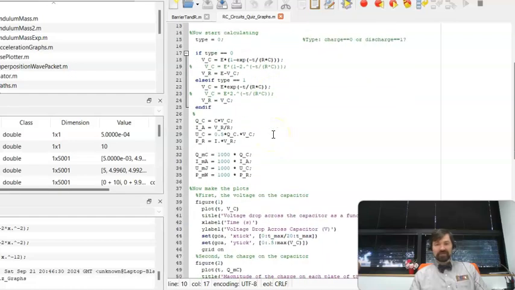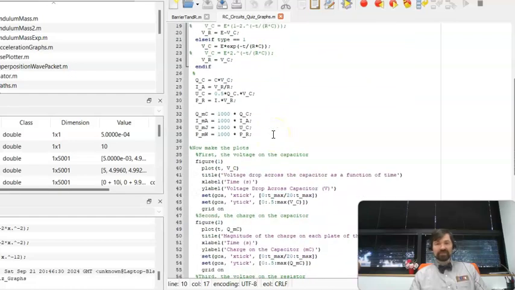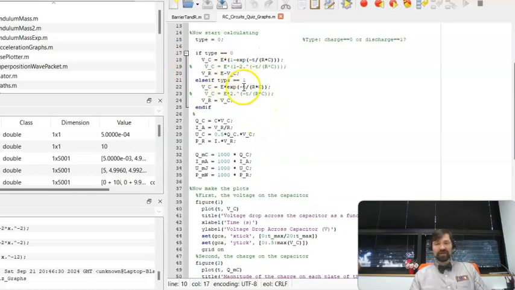The rest of the code is basically just calculating, for each of these two types, what the charge on the capacitor is doing, what the current through the resistor is doing, what the potential energy stored by the capacitor is doing, what the power dissipated by the resistor is doing, and what the voltage drops for the resistor and the capacitor are doing.